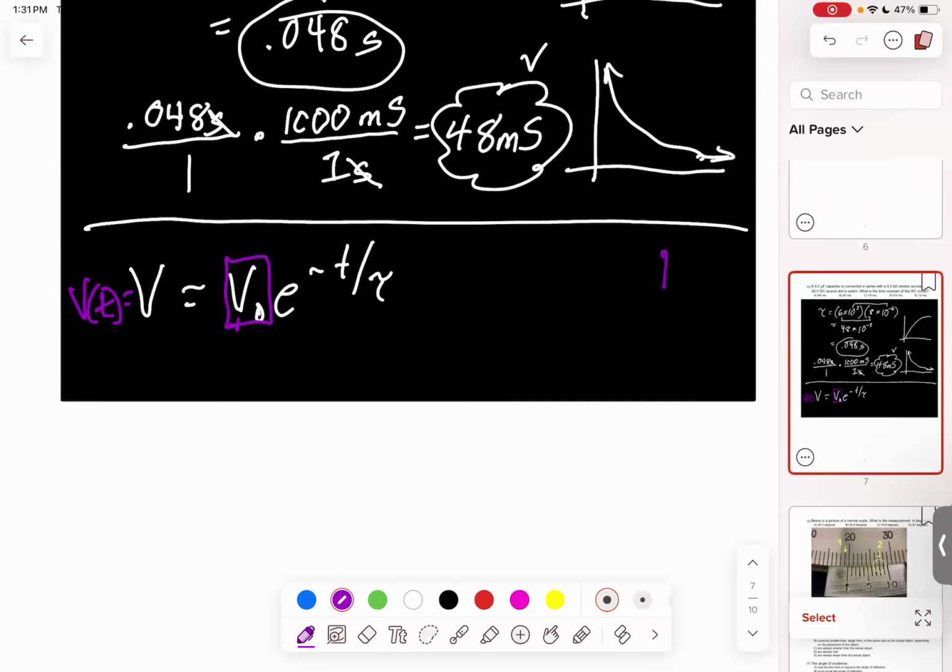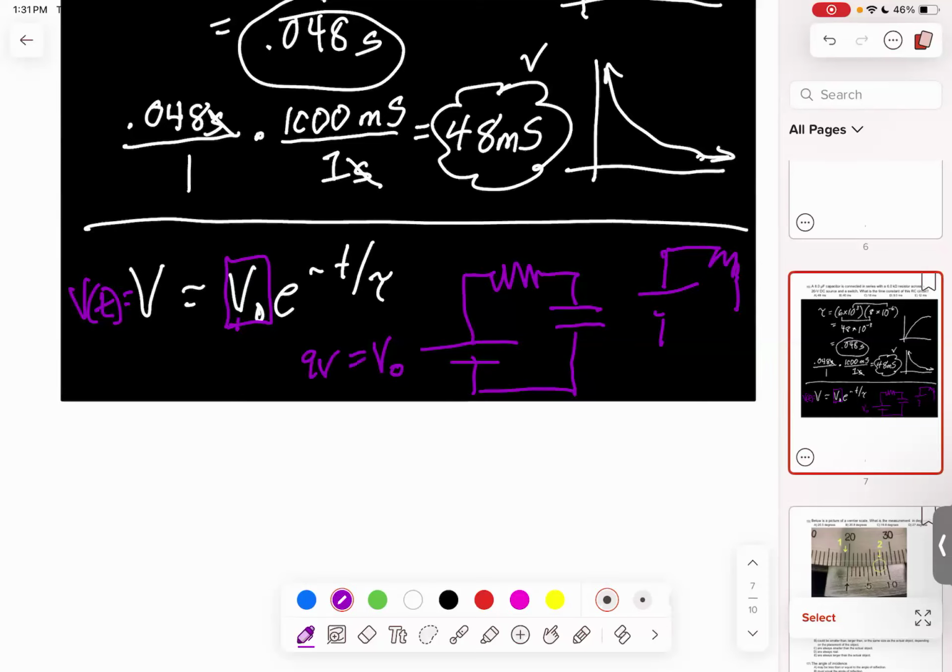In other words, if you have a battery, a resistor, and a capacitor, you have this type of setup, and your power source, your battery, let's just say a 9-volt battery, is basically the max voltage that it's going to charge up to.